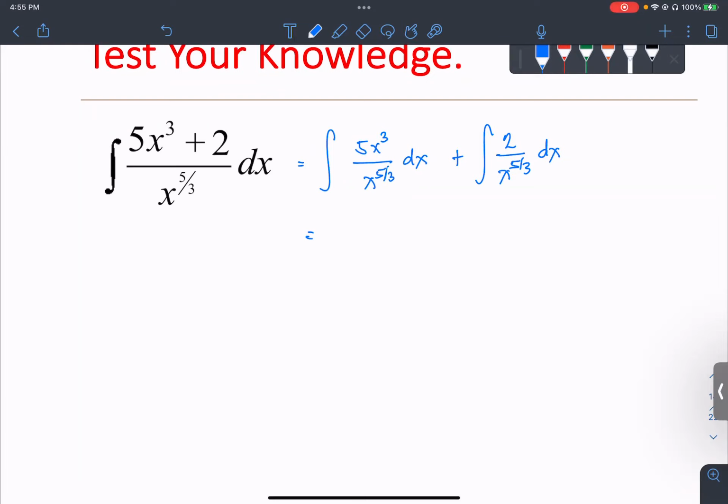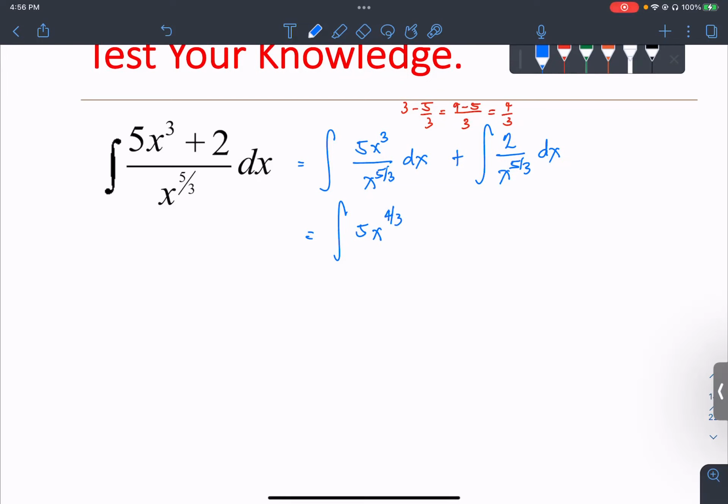So this would be the integral of 5. So ano muna siya niyan? Yung 3 minus 5 over 3. So this is the same as 3 times 3 is 9 minus 5. So that would make it 4 over 3. So we'll just have x raised to 4 over 3.